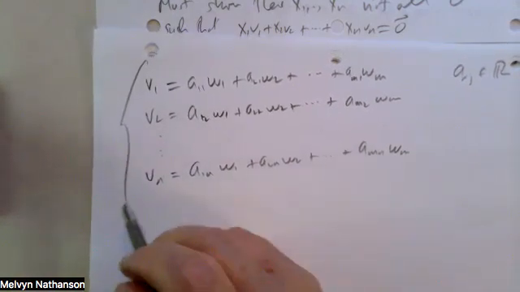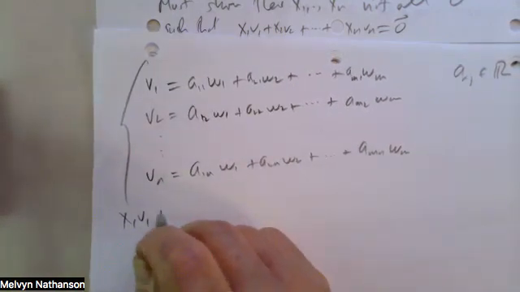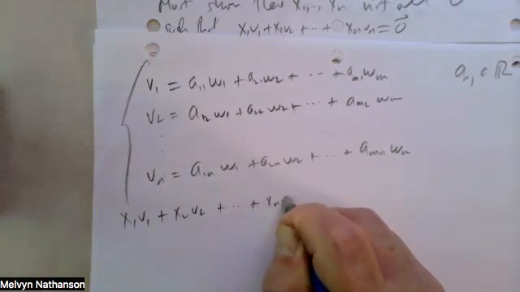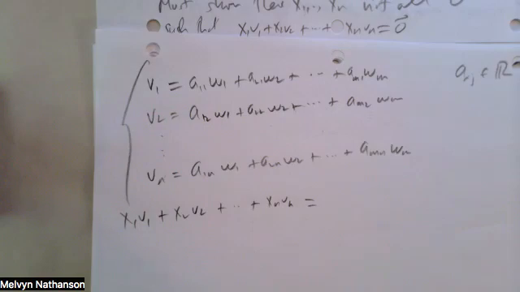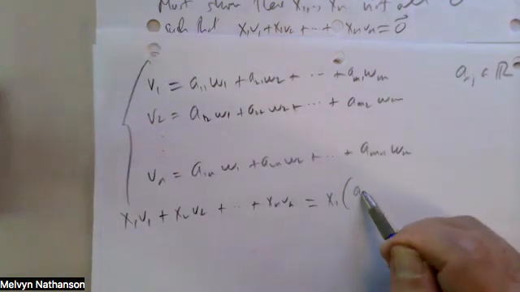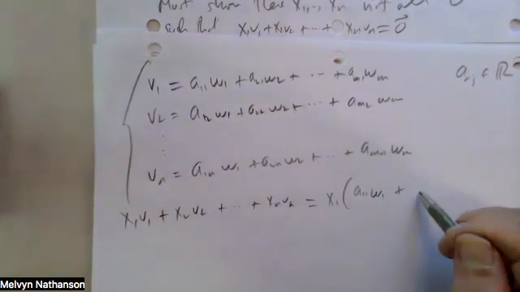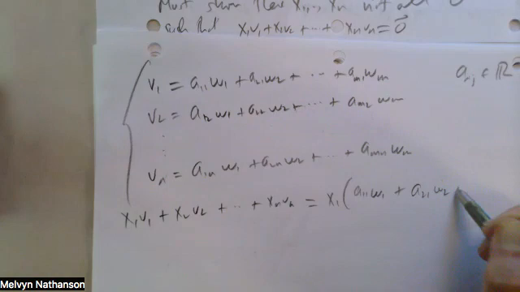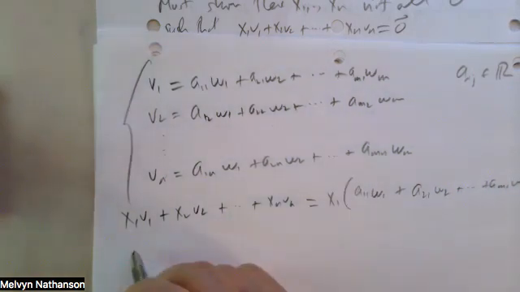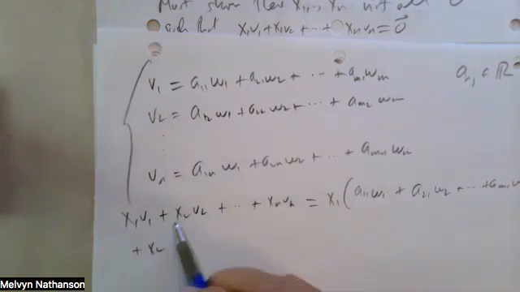So then what is x1 v1 plus x2 v2 up to xn vn? So x1 v1 is x1 times this. And x2 v2 is x2 times this.